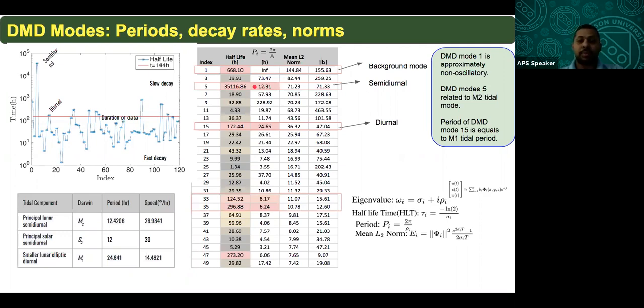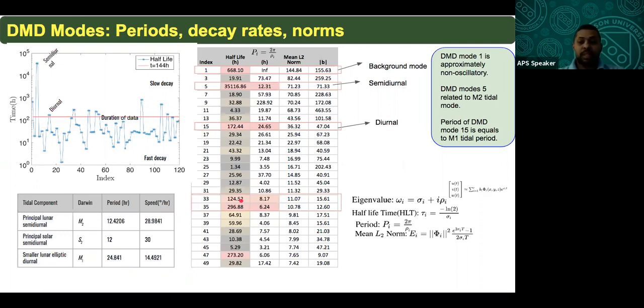The second important mode here is the semi-diurnal mode. The period of that mode is equal to 12.32, and it has a very big half-life time, which means it is persistent in this case. The next interesting mode is the diurnal mode, which has a period of 24.65, and its half-life time is also bigger than our data set, which means it is also a persistent mode.